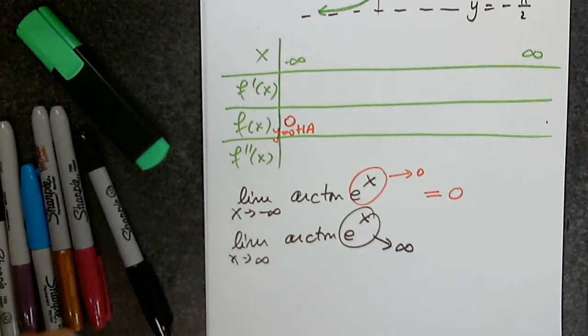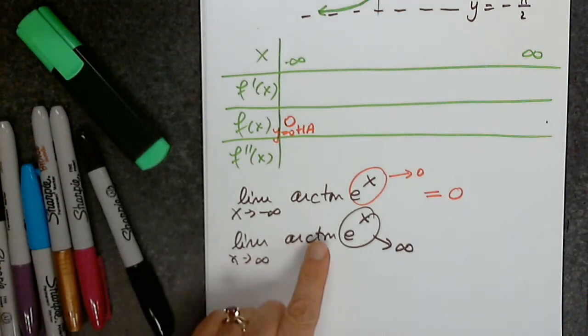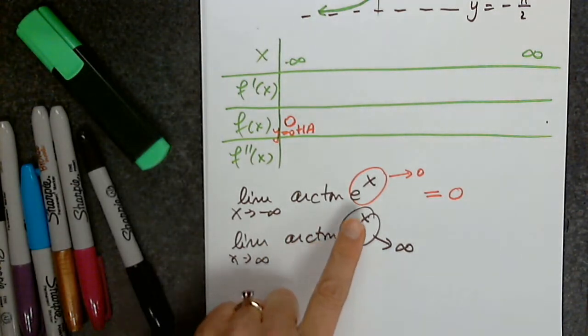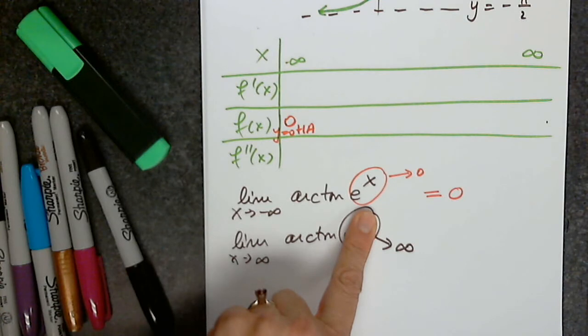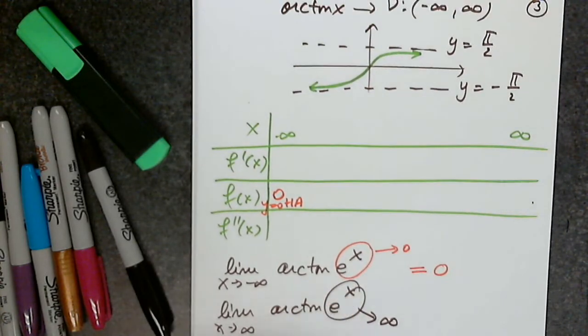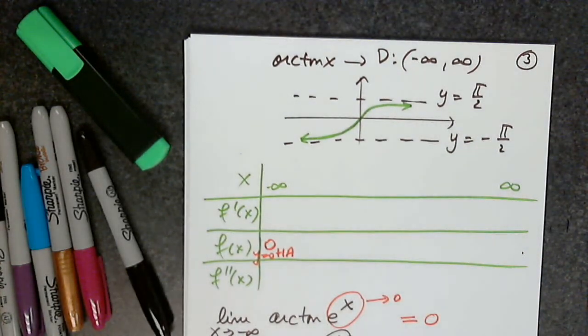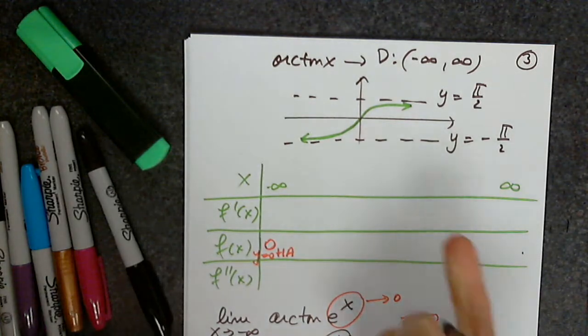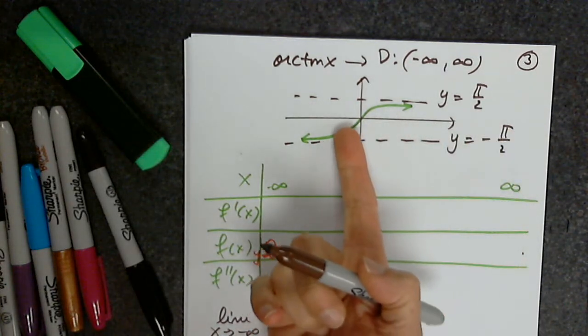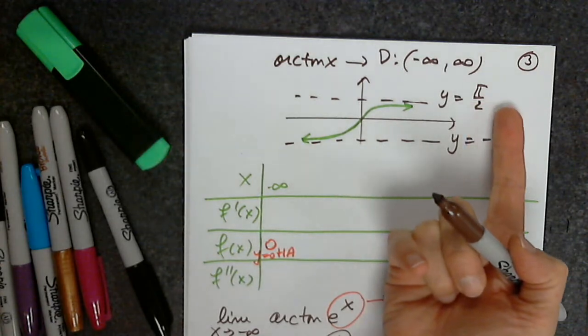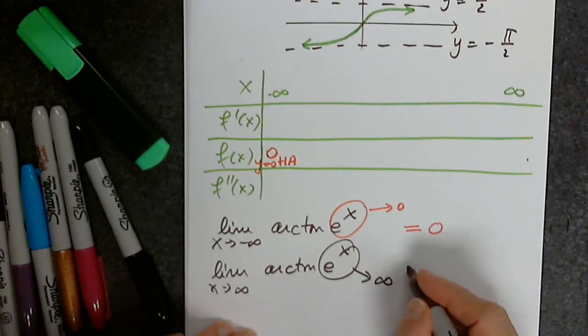Now, I want to find the limit of arctangent when this expression approaches infinity. So in other words, I want the end behavior of arctangent when x approaches infinity. I look at the graph. When x approaches infinity, arctangent gets closer and closer to, do you all agree with pi over 2? As x approaches infinity, function values get closer and closer to pi over 2. Good.